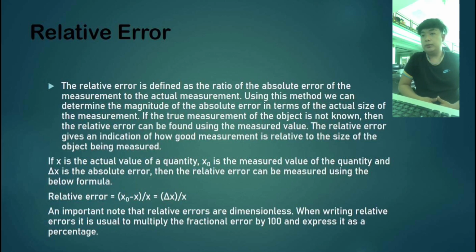If x is the actual value of a quantity, x₀ is the measured value of the quantity, and Δx is the absolute error, then the relative error can be measured using the formula: relative error = (x₀ − x) / x = Δx / x.